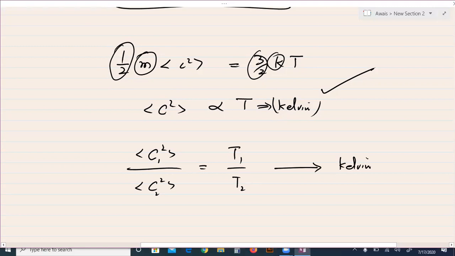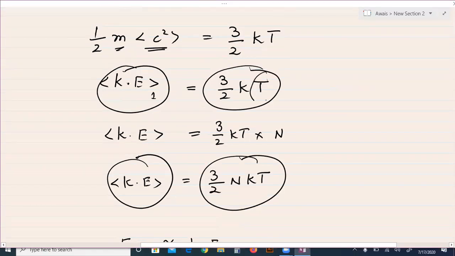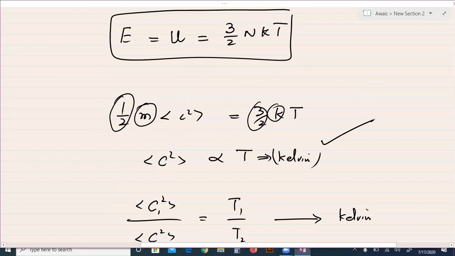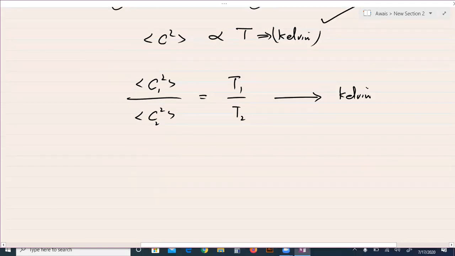So the kinetic energy of the gas depends on the temperature in Kelvin. Both are directly proportional: the thermodynamic temperature scale and the average kinetic energy of the molecule. Average kinetic energy is directly proportional to temperature in Kelvin, not in Celsius.